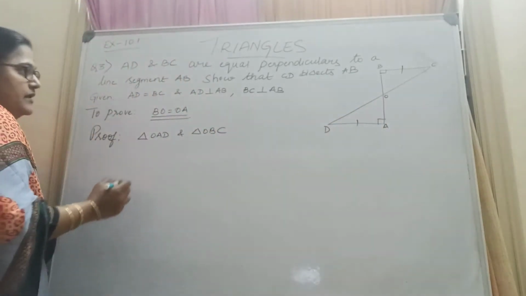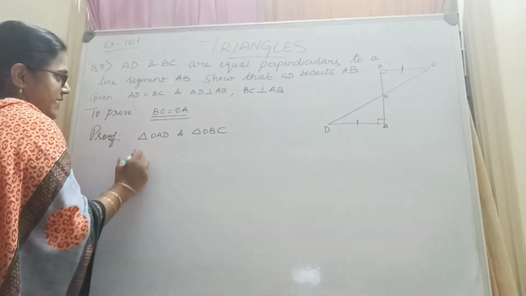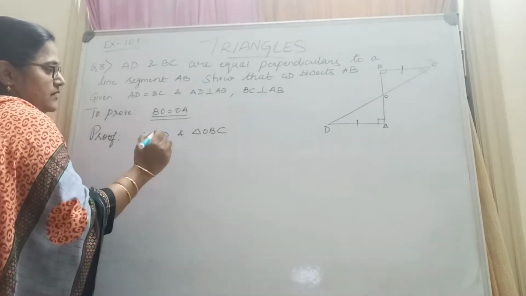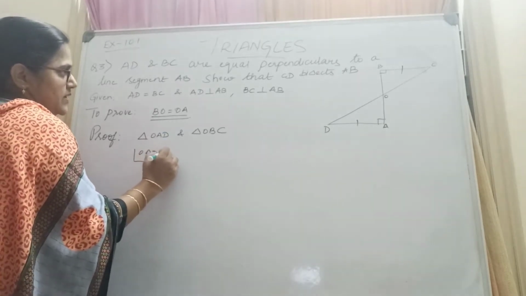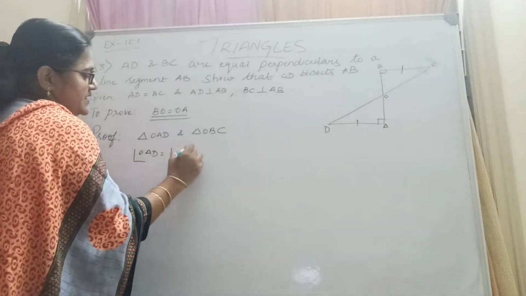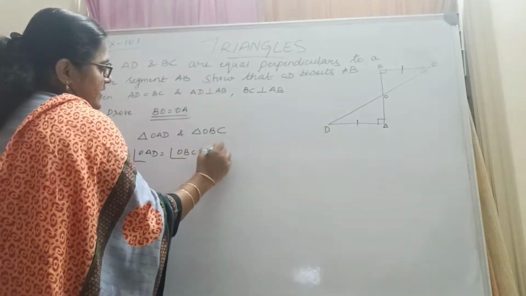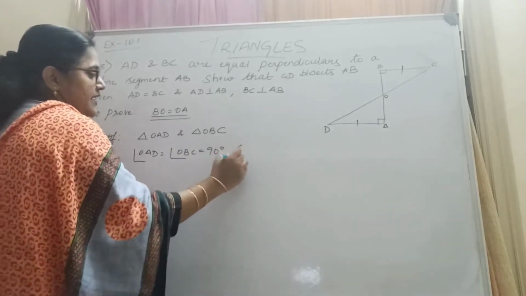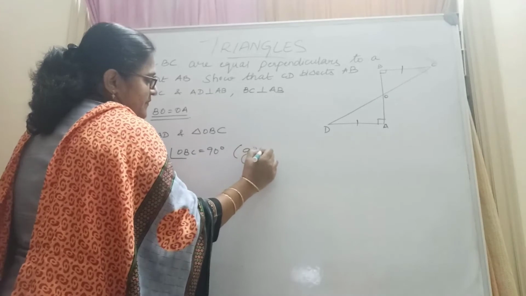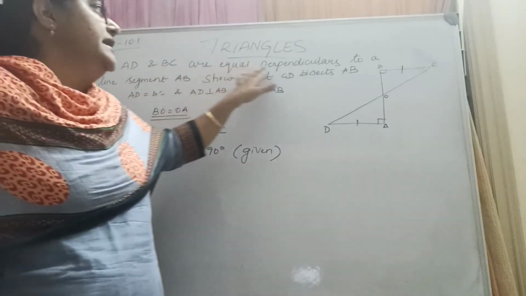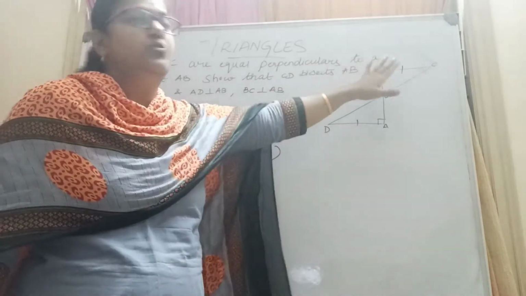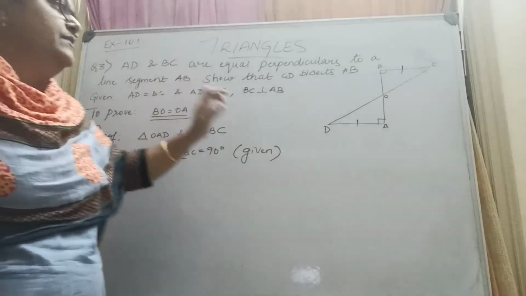Okay, fine. Now I know that angle OAD is equal to angle OBC is equal to 90 degrees because it is given. It is given that AD and BC are equal perpendiculars to a line segment AB.